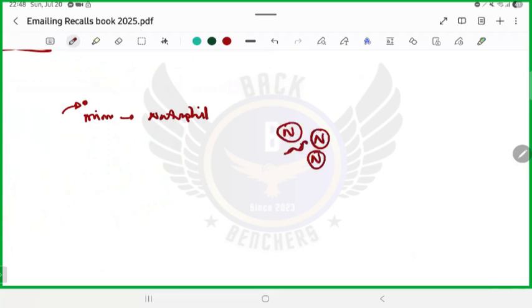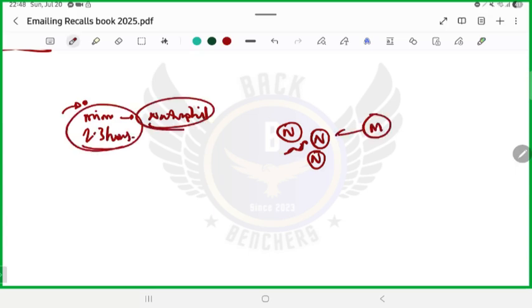This is a bacteria or some inflammation. Neutrophils will come within minutes to hours, like 2-3 hours. Then neutrophils will call macrophages, within 24 hours.